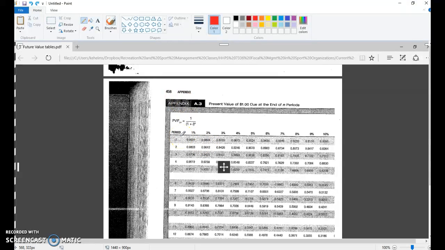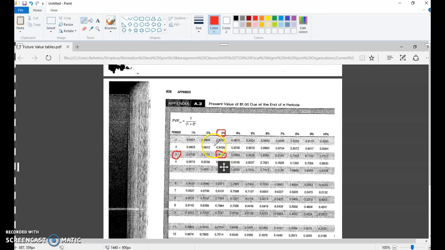we're looking at a period of 3 years. So here is our 3-year period. And then our first discount is 3%. So here is our 3%. So we match those up down here and find our multiplier of 0.9151.